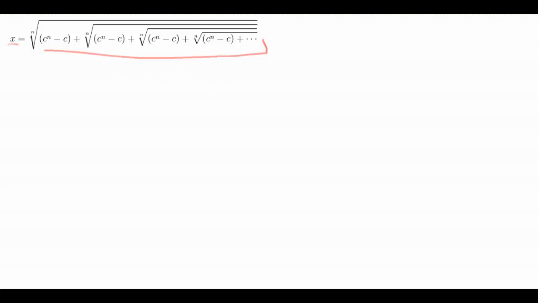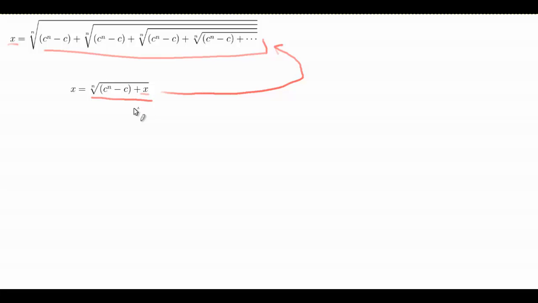And this can be done by starting with this expression, using the basic idea of recursion that's been used in the previous videos. And here what we notice is that we have our definition of x, and x occurs inside the radical, so that allows us to yield this expression up top.